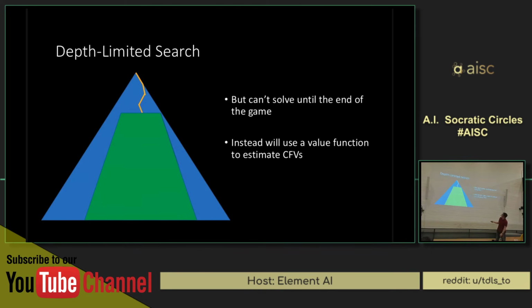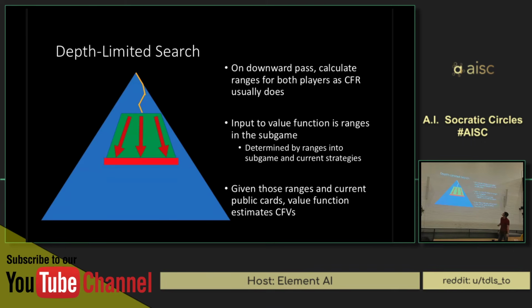So now, how are we going to cut off the bottom? If we're at the beginning of the game, we still can't do this thing. So we're going to cut off the bottom by essentially using a value function at the bottom here, instead of going all the way there. That's going to estimate, roughly speaking, how good everything is below.